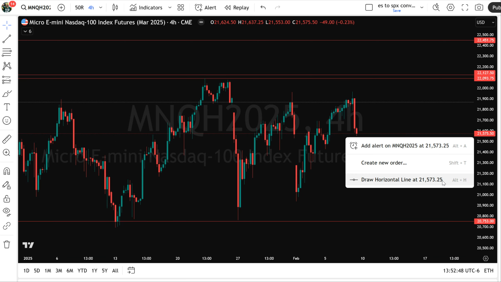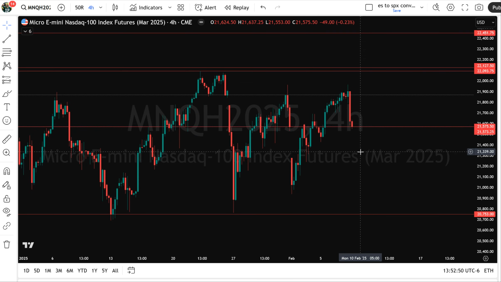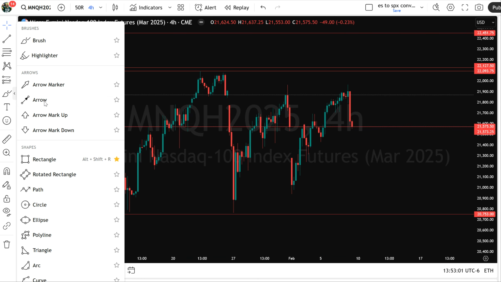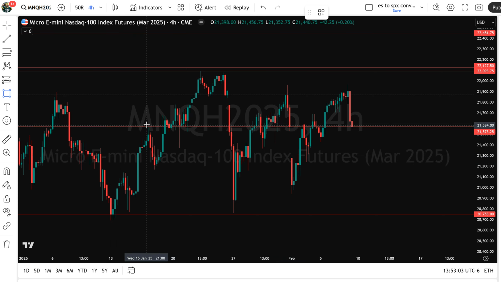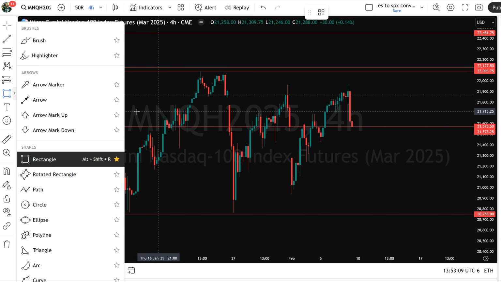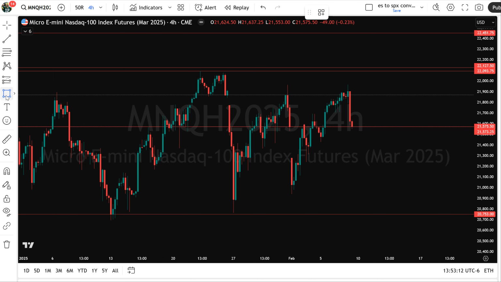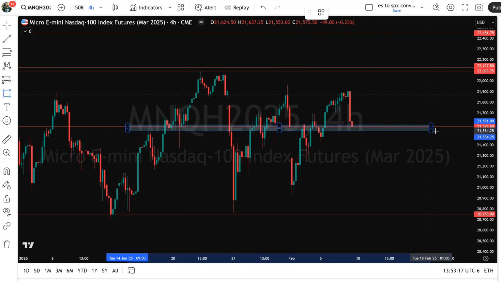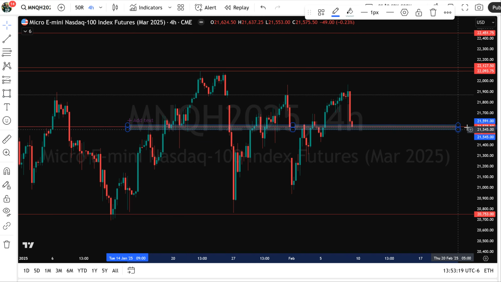Now, remember, when I snap these lines, everybody thinks, well, we got to watch that exact level. Well, we don't watch that exact level. Instead, what we want to think about is that this is actually a plus or minus area.